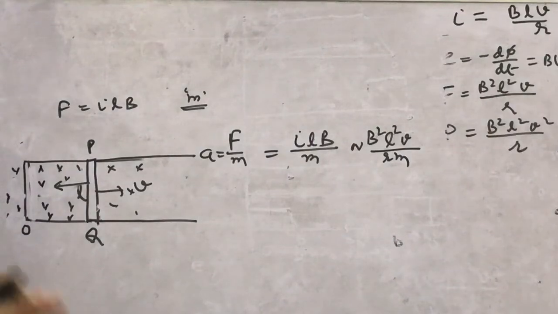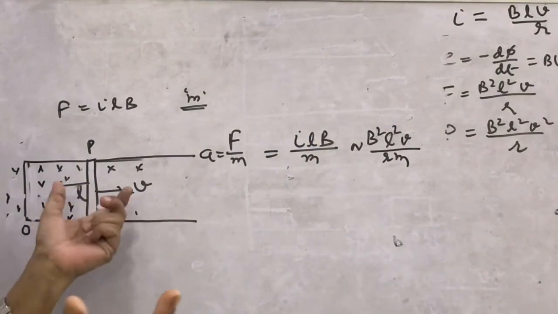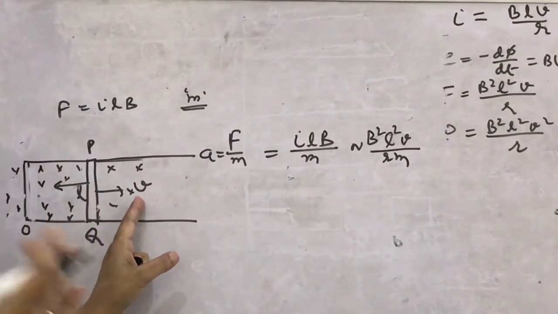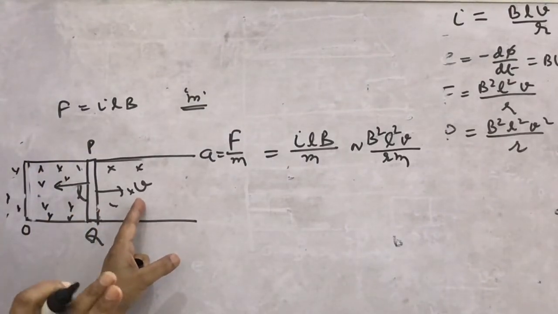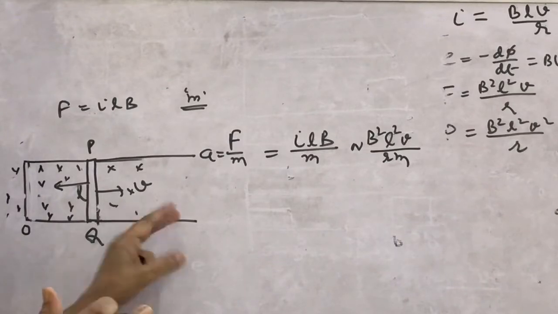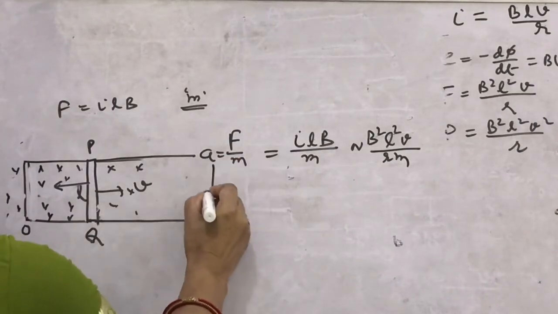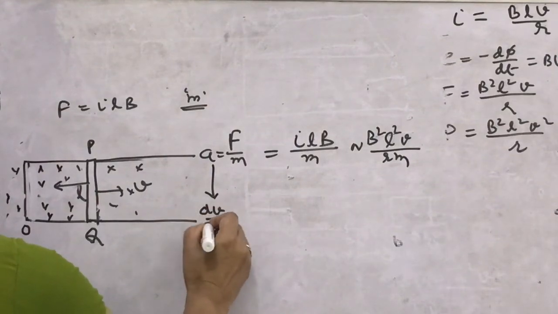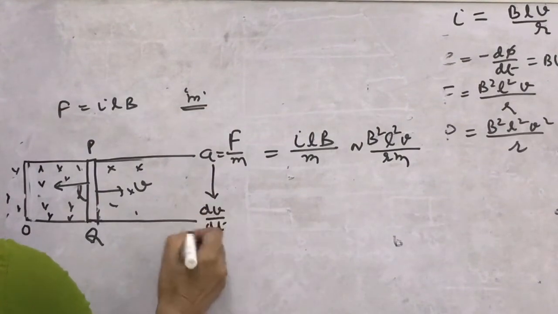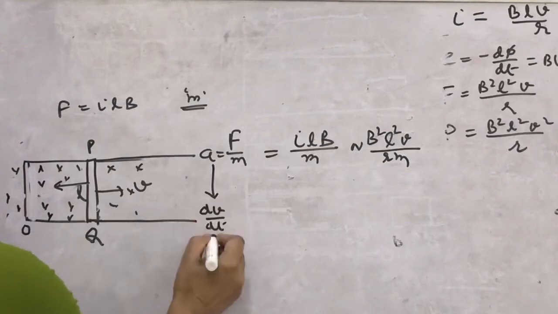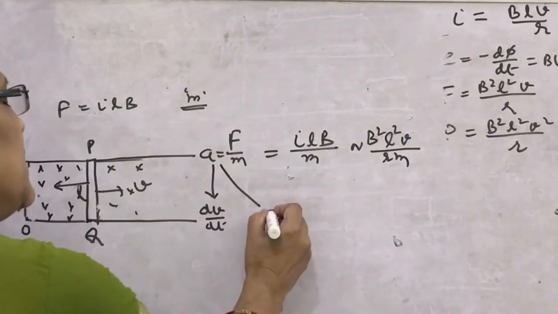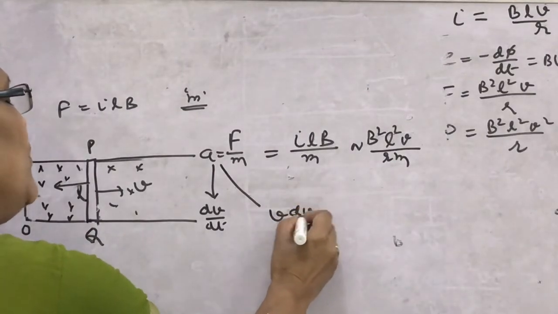You can also be asked in a competitive examination what will be the new velocity after a certain time, which has decreased. How will you find it? You can write acceleration as dv by dt. Then if a is dv by dt, you can find velocity in terms of time. Acceleration can also be written as v dv by dx.